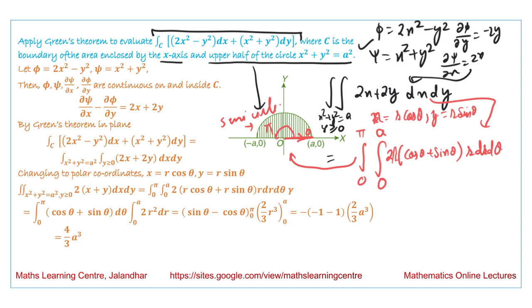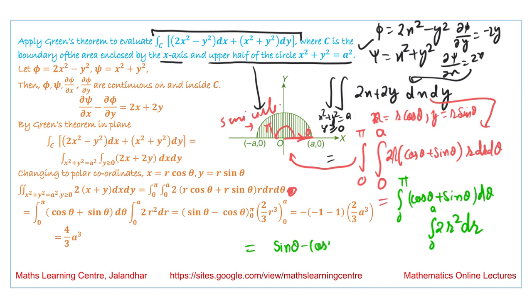So on integrating this value the answer we obtain it is equal to integration 0 to pi, it is cos theta plus sin theta into d theta, and integration 0 to a 2r square dr. So the answer we get it is sin theta minus cos theta.